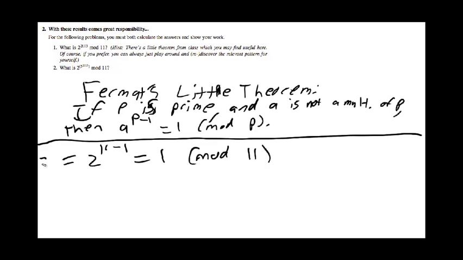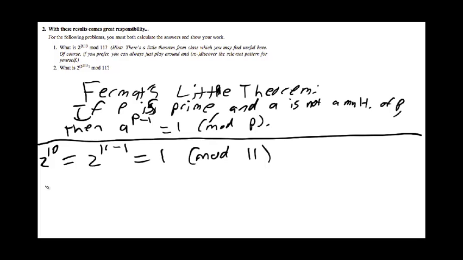2 to the 10 is 1024, which is 1 plus 1023, which is 1 plus 93 times 11. So 2 to the 10 is 1 plus a multiple of 11. So what?